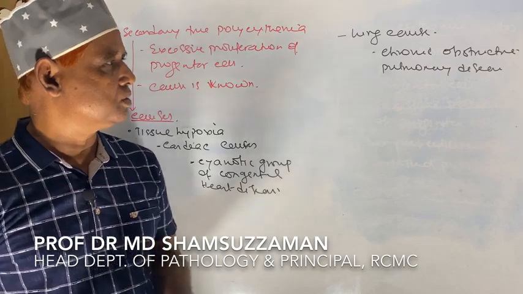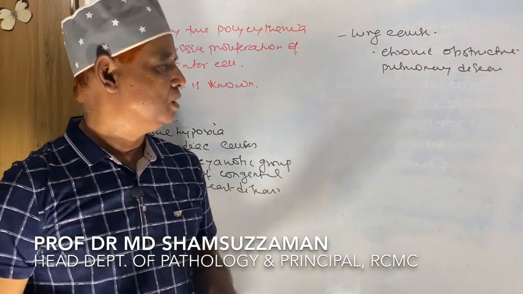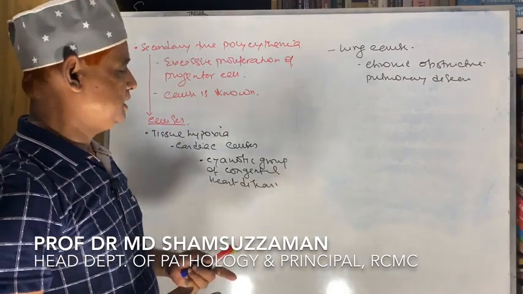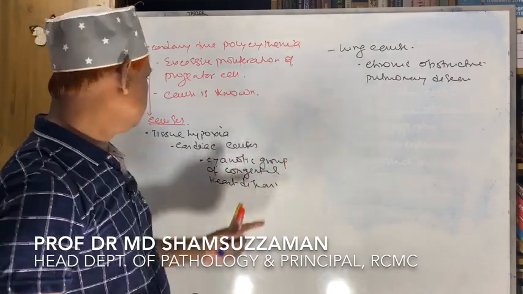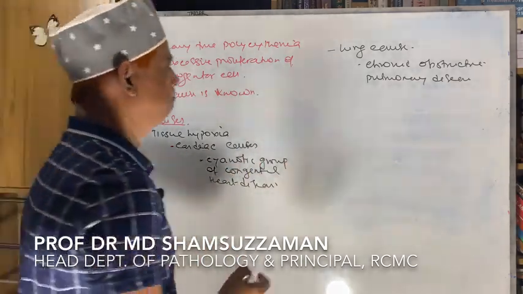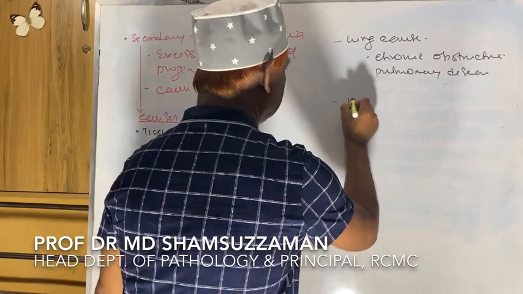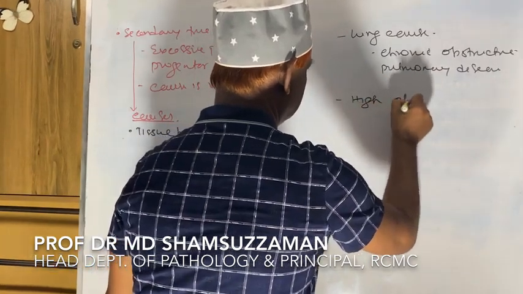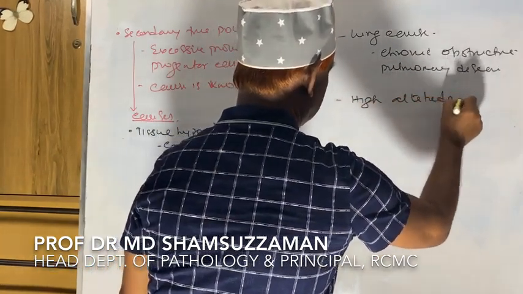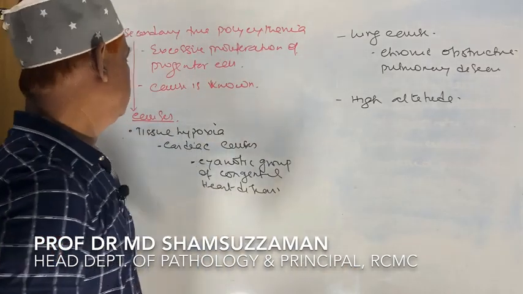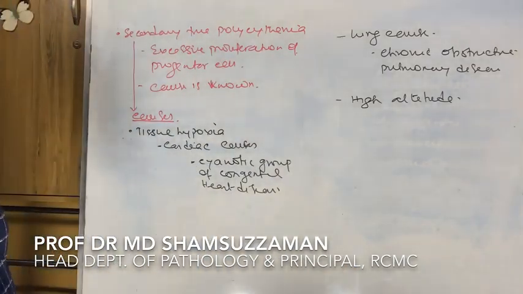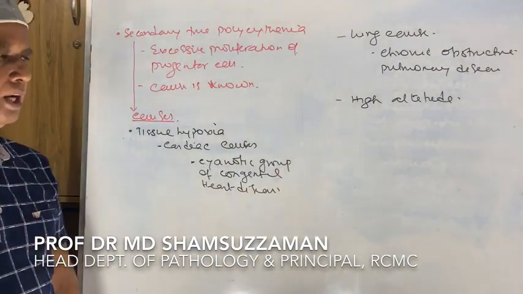These are the COPD, chronic obstructive pulmonary diseases. These are associated with tissue hypoxia. Another is high altitude.